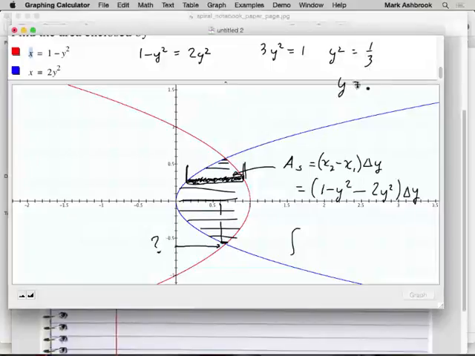So y equals plus or minus radical 1/3. So our first typical strip is going to be at y equals negative radical 1/3, and our last typical strip is going to be up here at positive radical 1/3. And we're going to add them all up. It's going to be the integral of 1 minus y squared minus 2y squared dy.